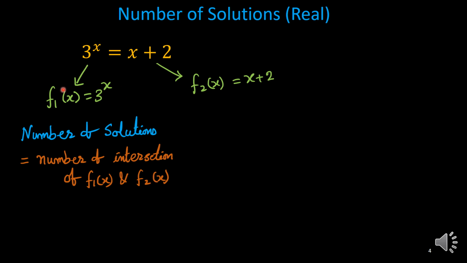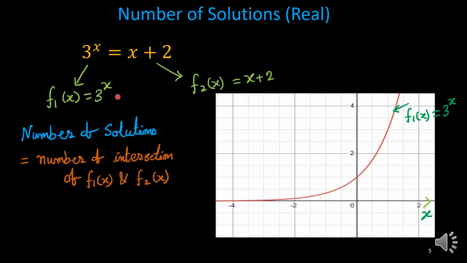Now we can draw these two functions. The first one is very simple. f1(x) is 3 to the power x. It's an exponential function, a growing function. At minus infinity, 3 to the power minus infinity is 0. At 0, 3 to the power 0 is 1. So this value is 1. And then it is growing exponentially.